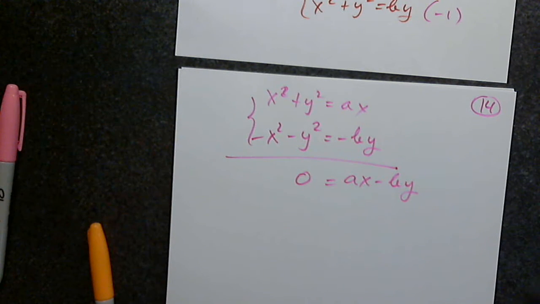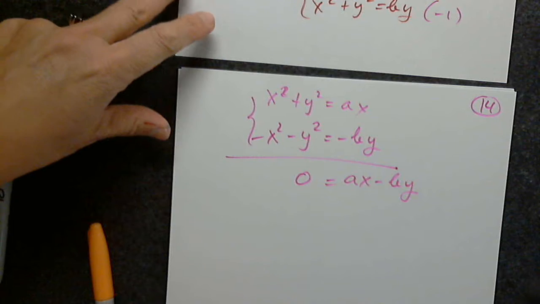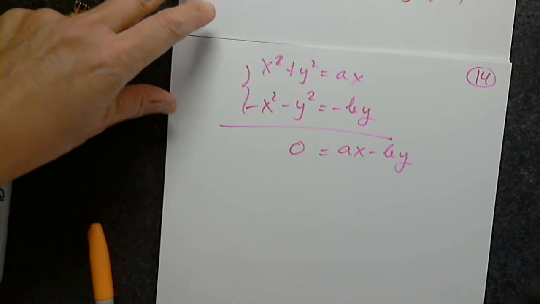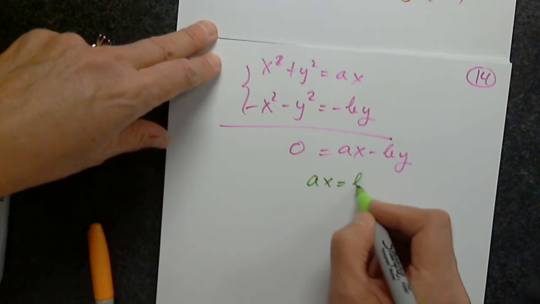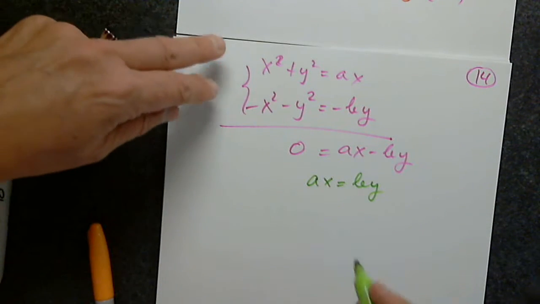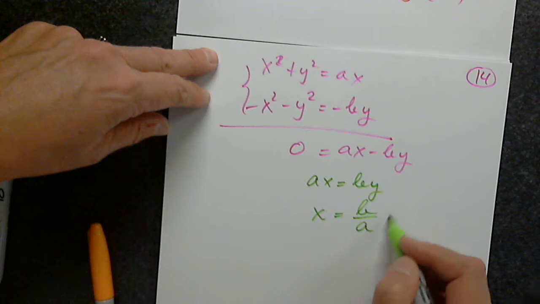That will enable me to get either x or y. You choose. Okay, so this is ax equals by. And then x is b over a times y.